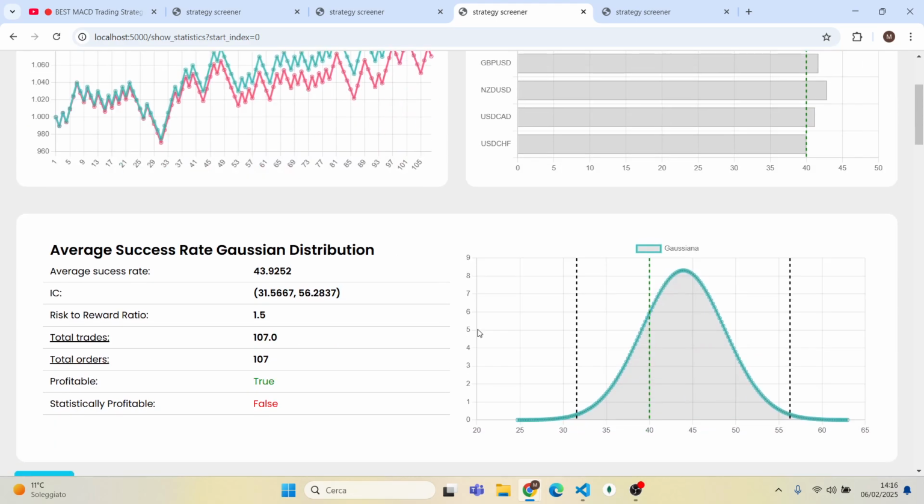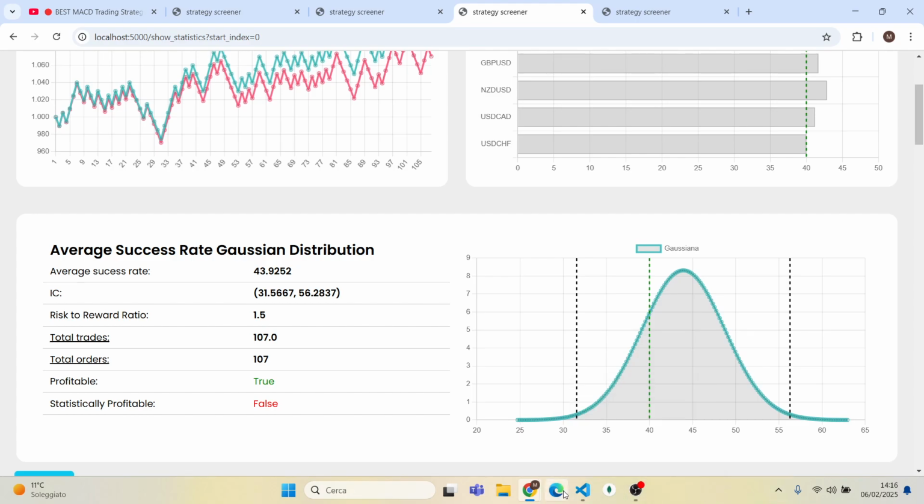And the Gaussian distribution also is not the correct one, because the Gaussian distribution is useful when you have a high number of trades. There is not a specific number, but when you are doing a statistical analysis, you have to try it, and I think that 100 trades are not enough. Maybe 1000 is a more appropriate number, but that's my opinion.